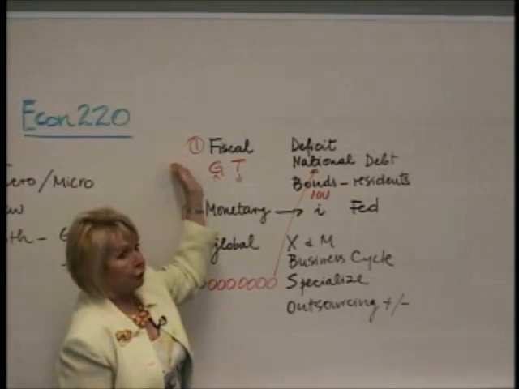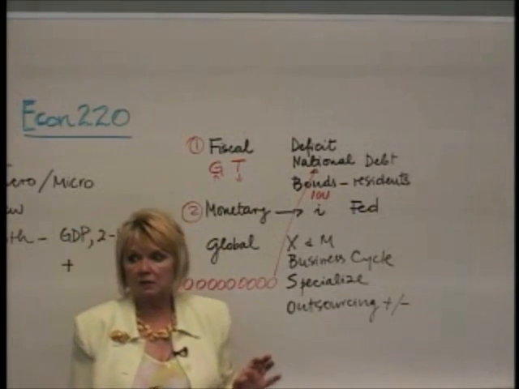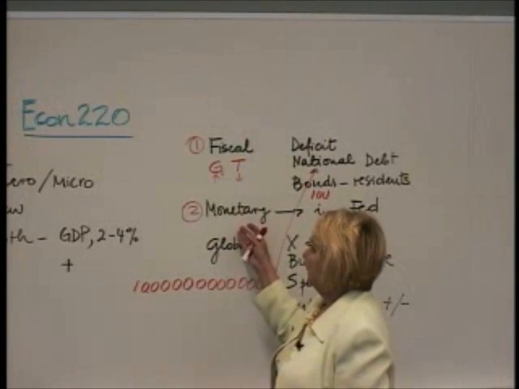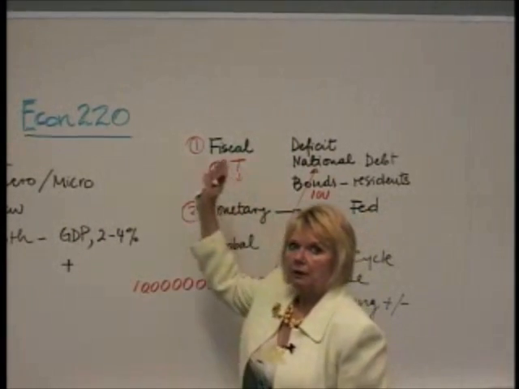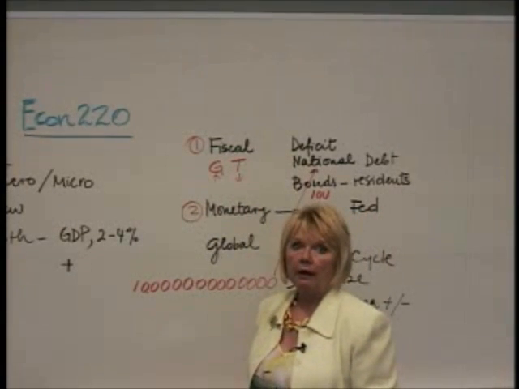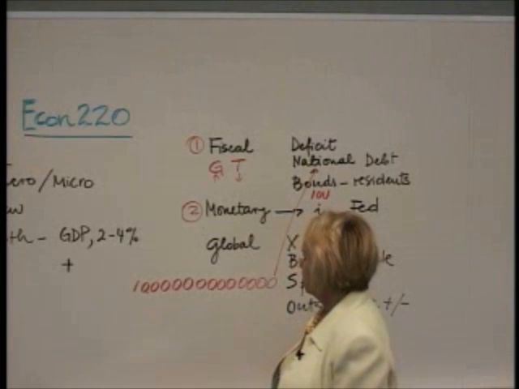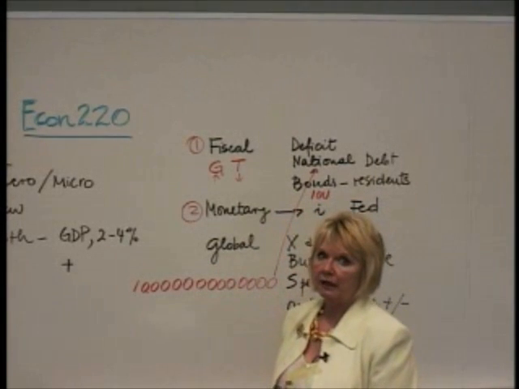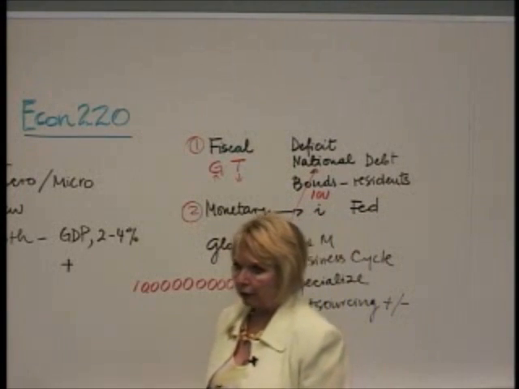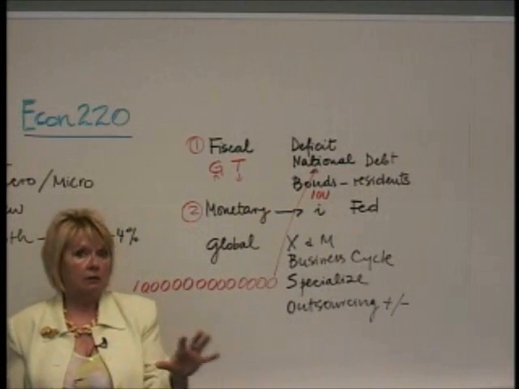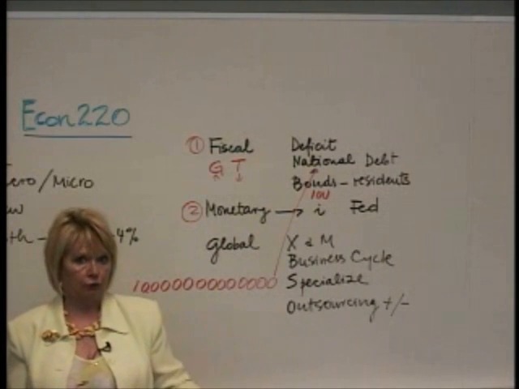So here you have two ways of influencing GDP, fiscal policy and monetary policy, and that will be the main focus for this particular class. We will also have to look at the global economy, because today our economies are no longer separated, isolated. We are all linked together.